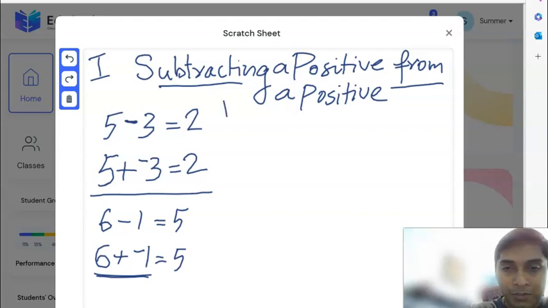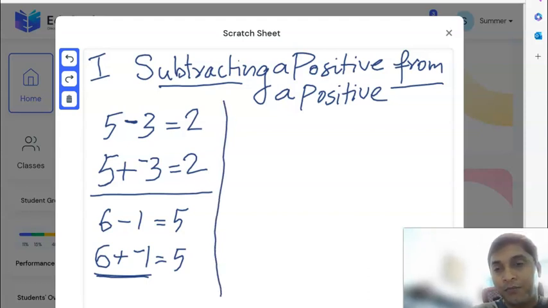Now based on that logic, we are going to do something with subtracting integers because it's going to be a little bit complicated over here, right? One positive, the other one also positive. For example, 2 minus 6. So you need to subtract this number. It's very easy. You do exactly what you did there.